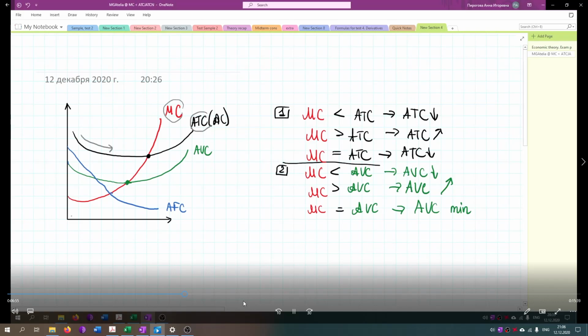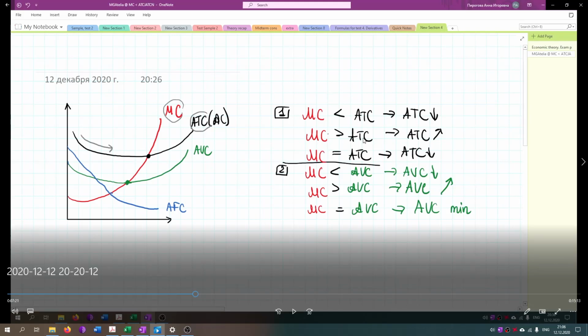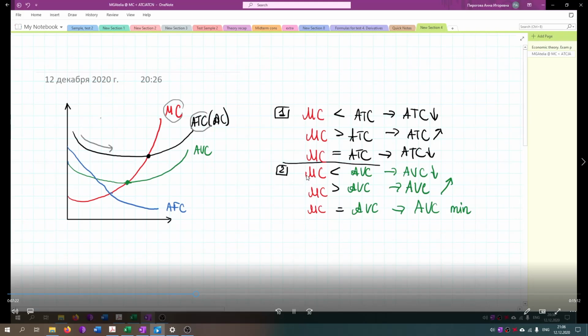Speaking about the second case, where marginal cost is higher than average total cost, we need to look at the part of the graph where marginal cost is placed higher than the average total cost, and in this case it will be this part.